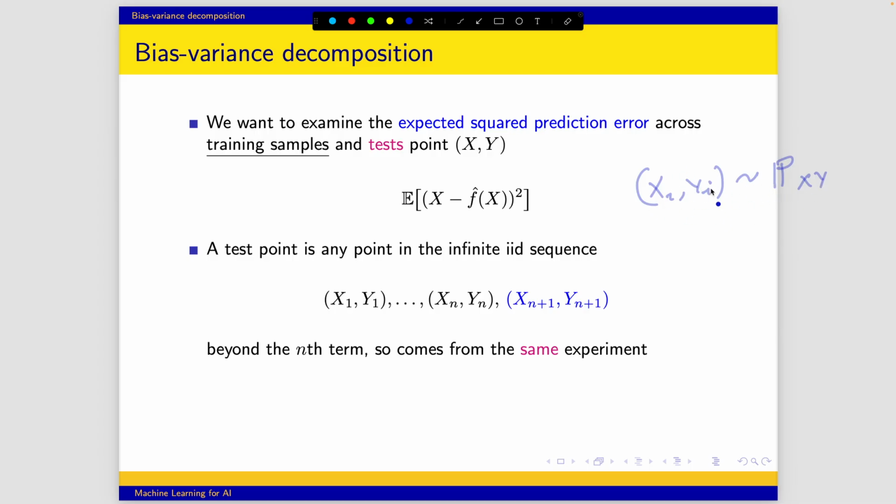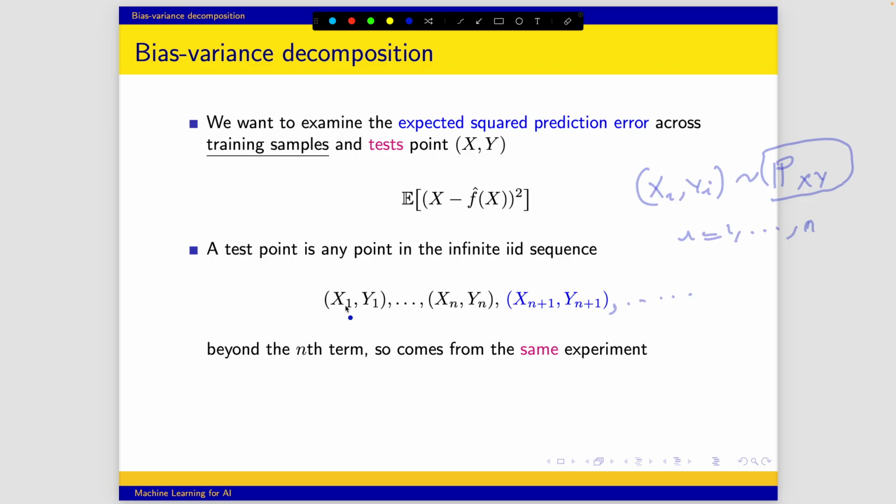So these are pairs, they occur together, and they're sampled from some distribution P_XY. We have i equals 1 to n of these, and they are independent and identically distributed. They all have this distribution. And we go a bit further in the assumptions in that we assume these are the first n terms in a sequence. The sequence has an infinite number of terms, so this carries on forever.